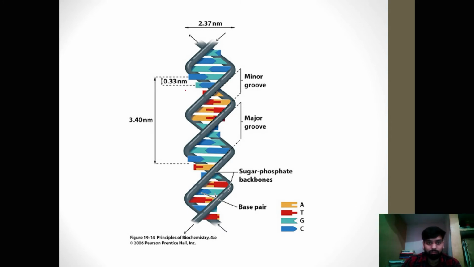Now we can see that the distance between two base pairs is 0.33 nanometer and the diameter is 2.37 nanometer, and the distance between two major grooves is 3.40 nanometer. If we count it in Angstrom, that is 340 Angstrom.